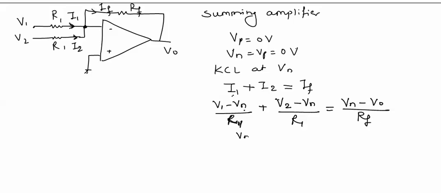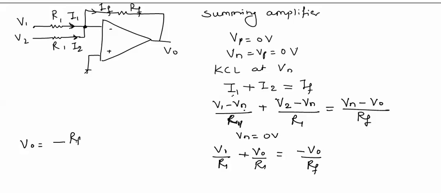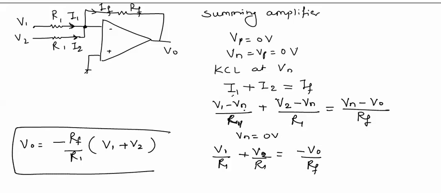We know that Vn equal to 0 volt, so V1 upon R1 plus V2 upon R1 is equal to minus V0 upon Rf. So from this V0 can be written as minus Rf upon R1 into V1 plus V2. So this is the general expression of an inverting summing amplifier.